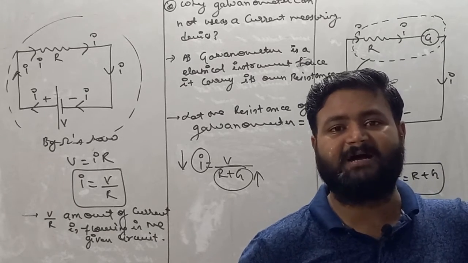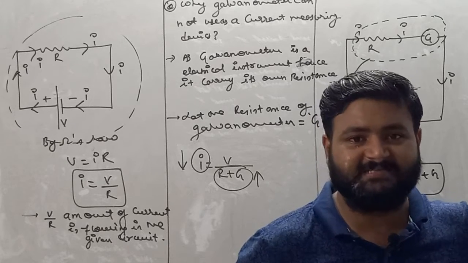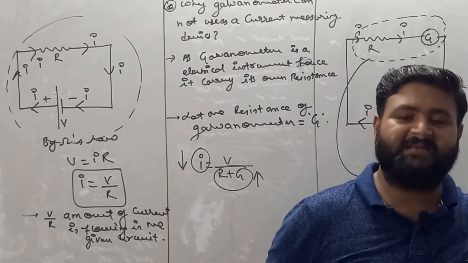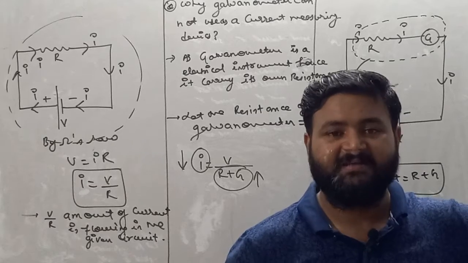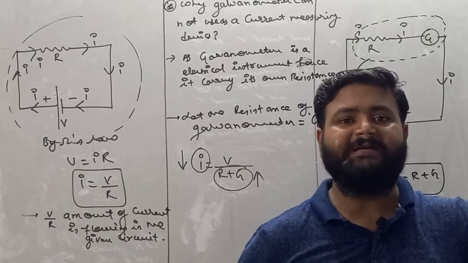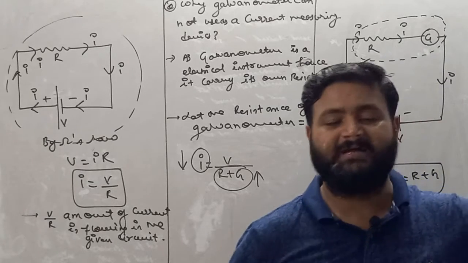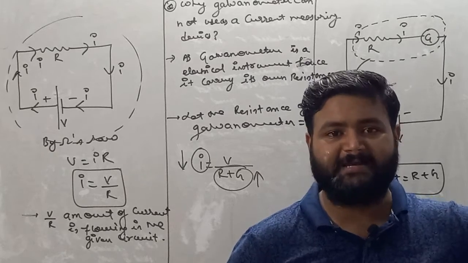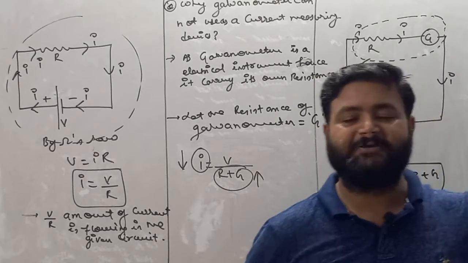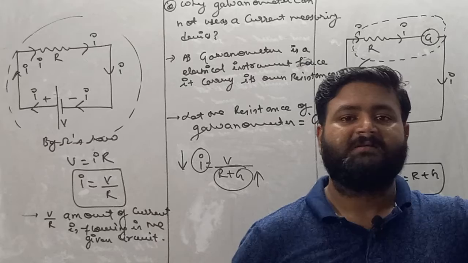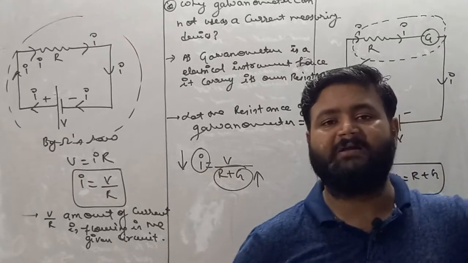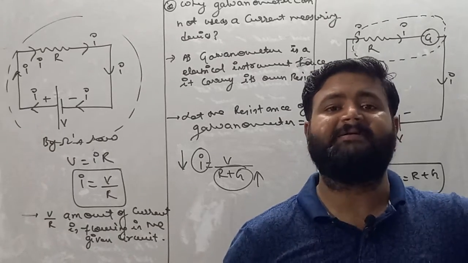In brackets write down, resistance increases, hence the galvanometer cannot give accurate reading.